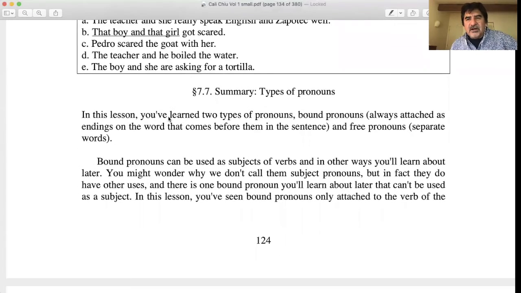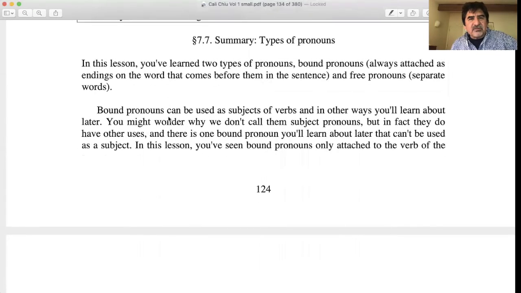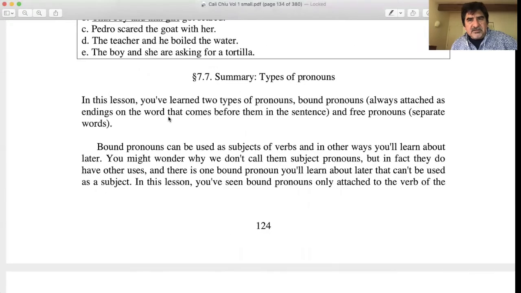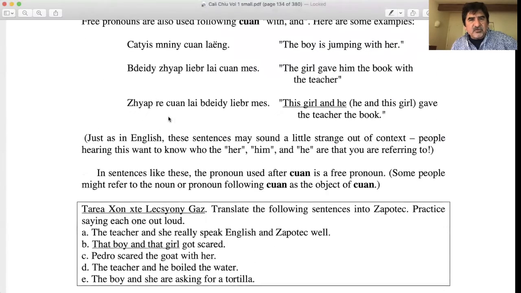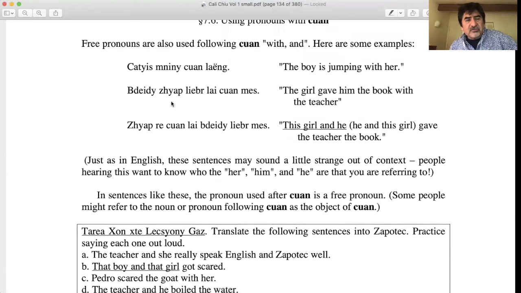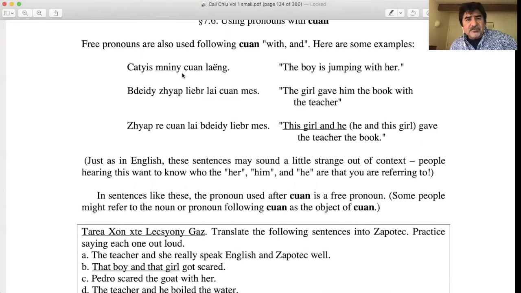Okay, so I hope that you're keeping up with reading the details that we have, because as I said, I'm going to be focusing mostly on explaining how these pronouns are used, and also saying the sentences so that you can hear how they are pronounced.